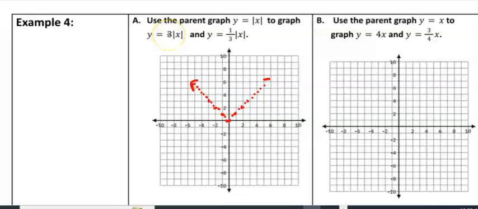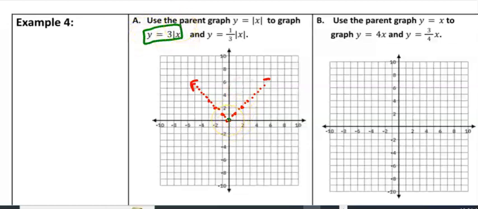Inside or outside? Outside. Okay? So what does that mean I'm going to do to all the y's? Multiplying by 3. Okay? So instead of 1, 1, it's 1, 3. Correct?